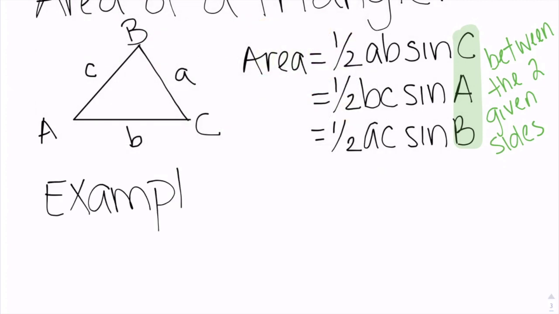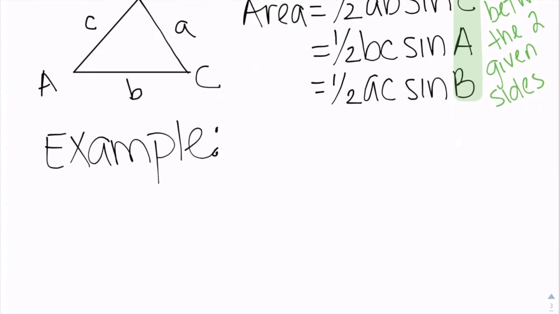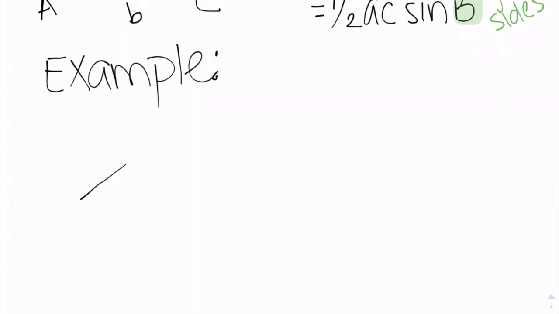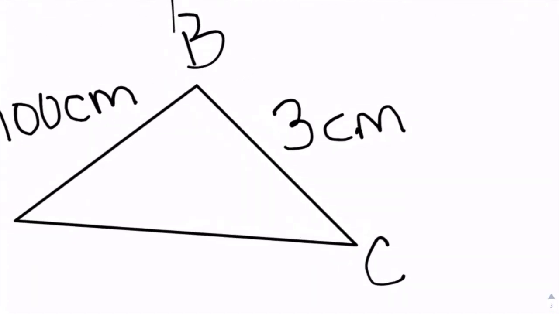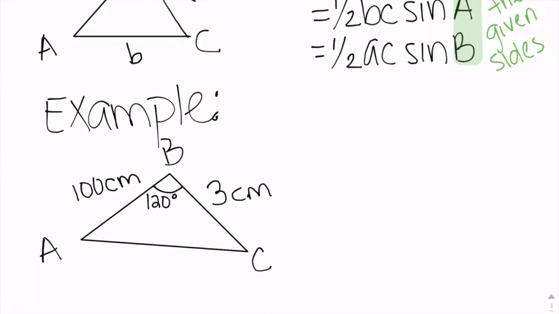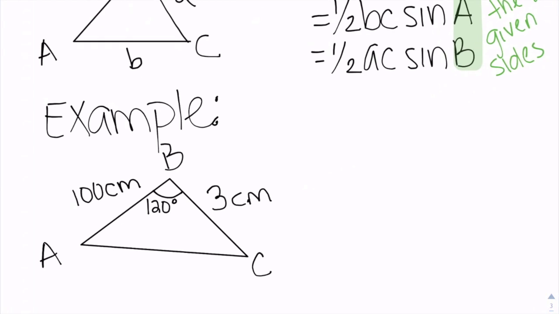So now let's do an example. If we have this triangle where we have A, B, and C, and we know that this side is 100 centimeters, and this side is 3 centimeters, and then angle B is 120 degrees, we want to find the area.